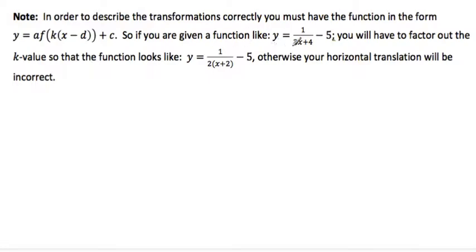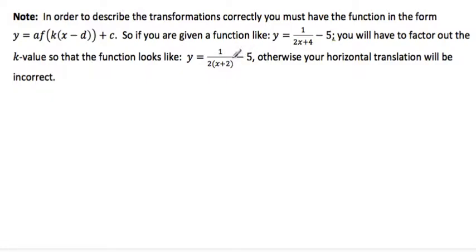So if you're given a function like 1 over 2x plus 4 minus 5, you will notice that x does not have a coefficient of 1. Since it does not, we have to factor out the value of 2. So we're going to factor 2 out of this whole thing. So to factor it out, we will have a 2, then bracket x plus 2.